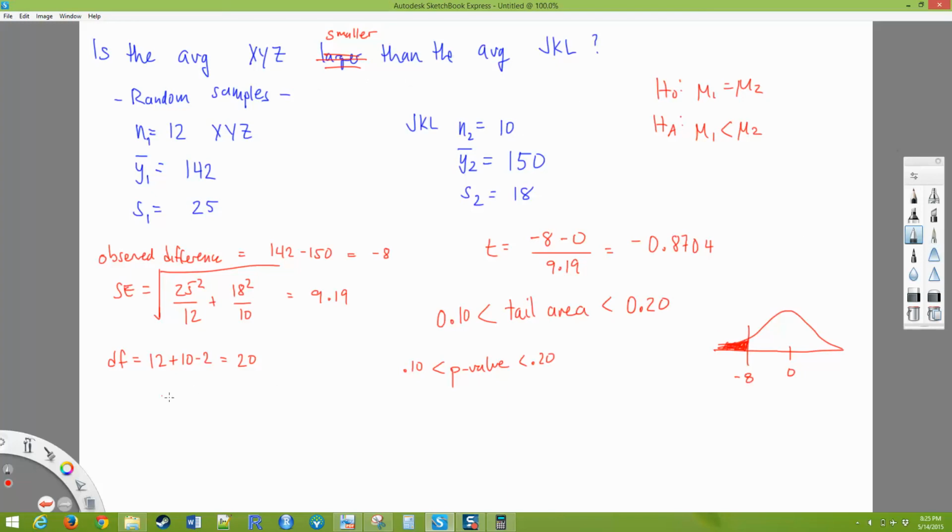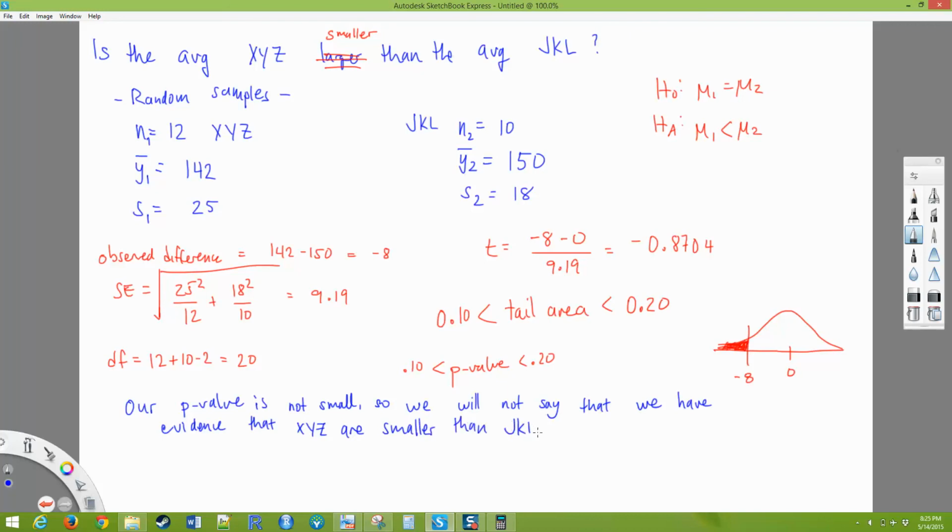So we're going to just say our p-value is not small. So we will not say that we have evidence that XYZs are smaller than JKLs, okay?